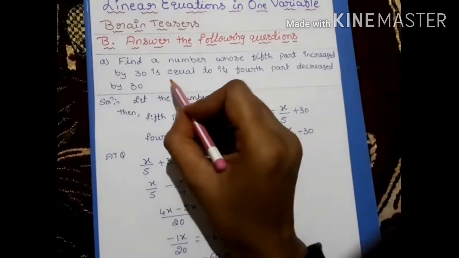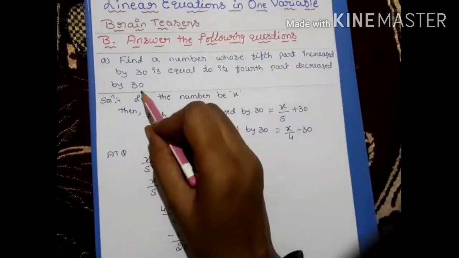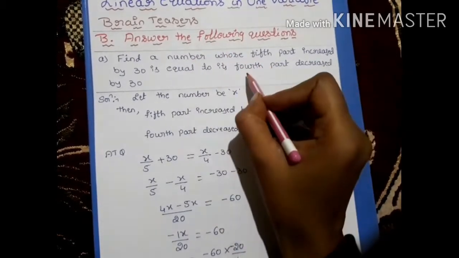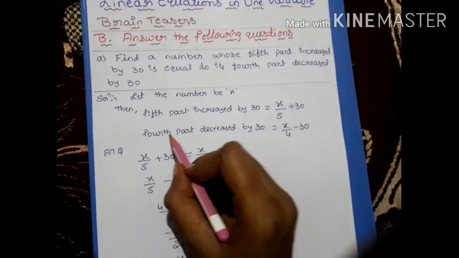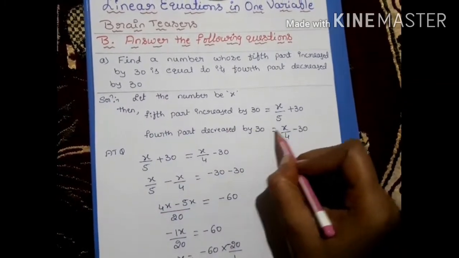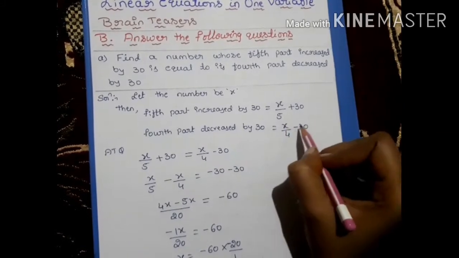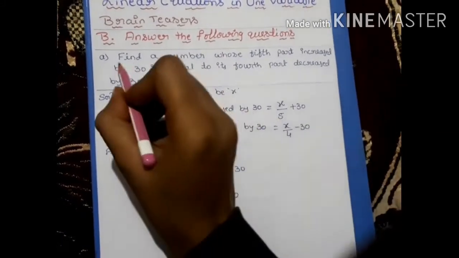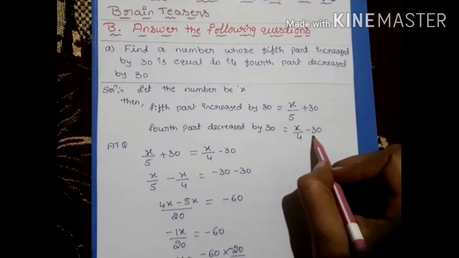Again, it is equal to its fourth part decreased by 30. Its fourth part means x by 4, decreased means minus 30. So x by 4 minus 30.